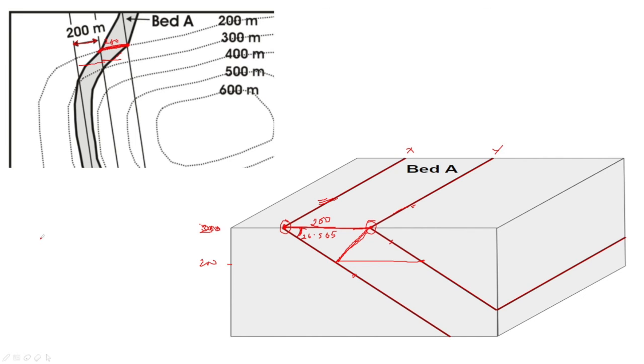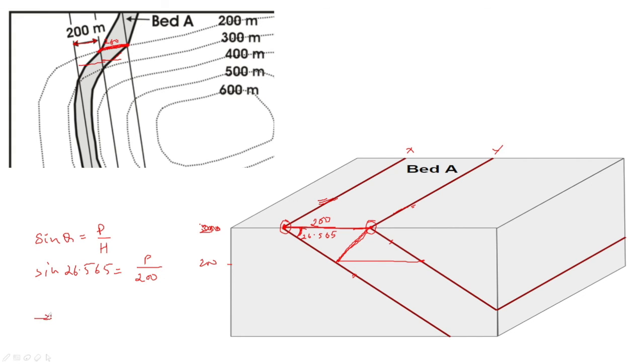Simply now put the formula as sine theta equals perpendicular upon hypotenuse. So sine 26.565 equals perpendicular, which is the true thickness which we have to calculate, upon 200.